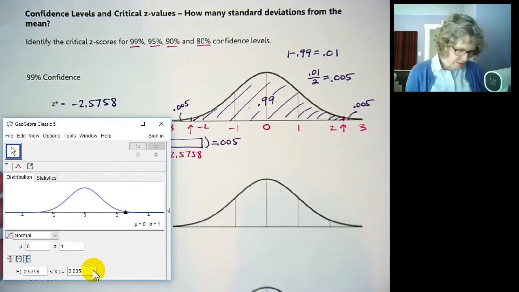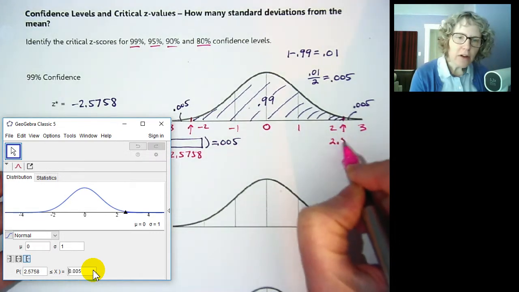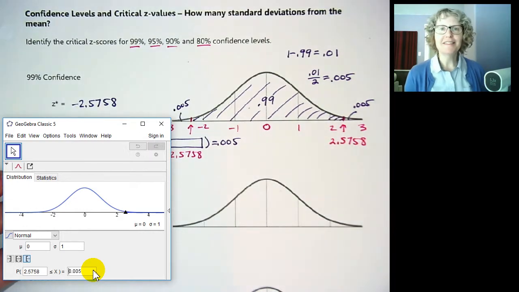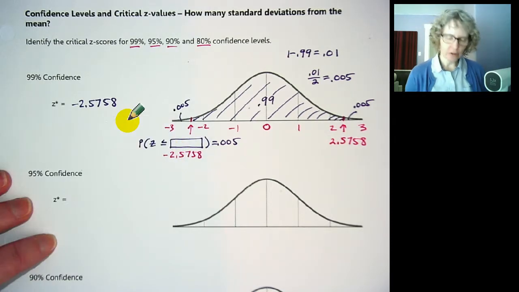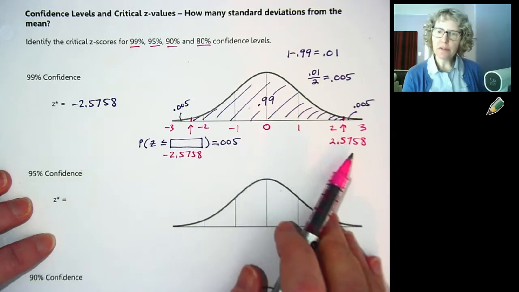And it is, voila, 2.5758. Does that make sense? Because it's symmetric, right? So it has to be the same on both sides. One is negative, meaning you're below the mean, and the other one is positive, meaning you're above the mean.